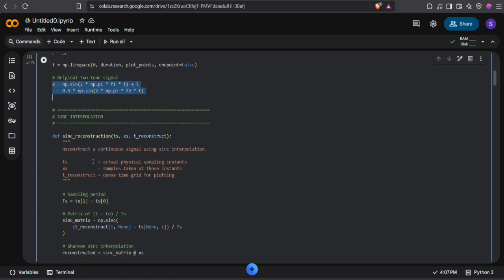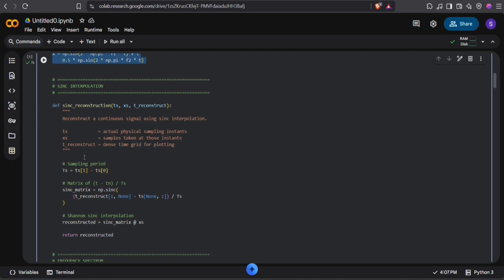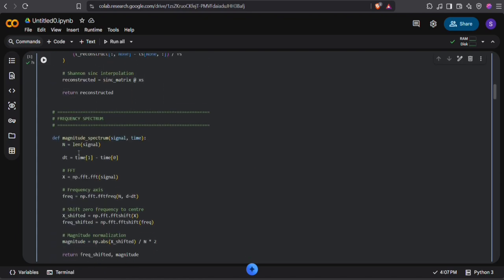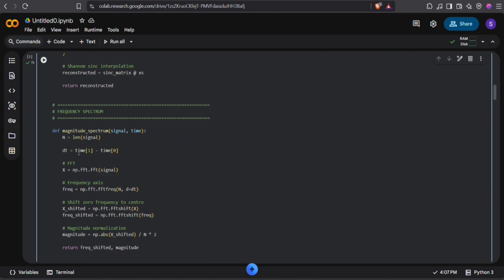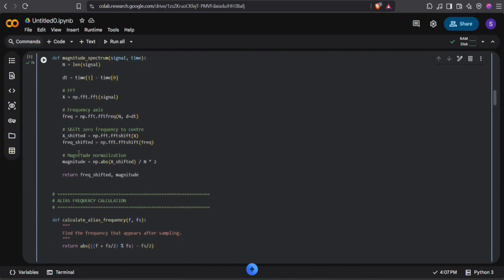Now coming up to the next point, there are three cases of sampling rate. The different sampling cases: the first is 300 hertz, which is above the Nyquist rate, and then comes 240 hertz, exactly equal to the Nyquist rate, and the third is 180 hertz, which is below the rate.